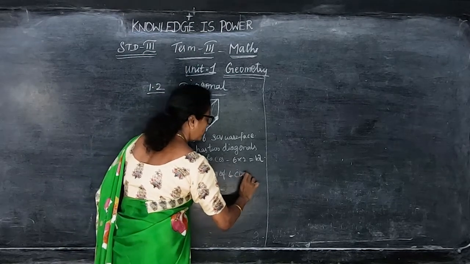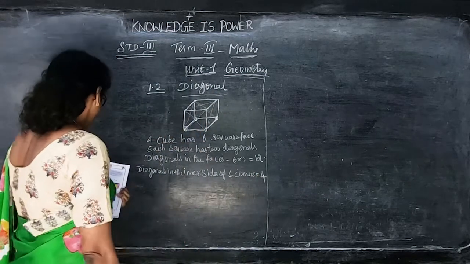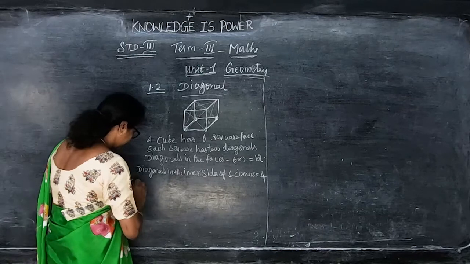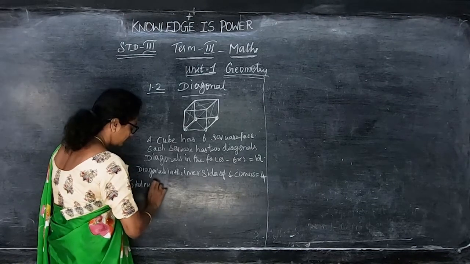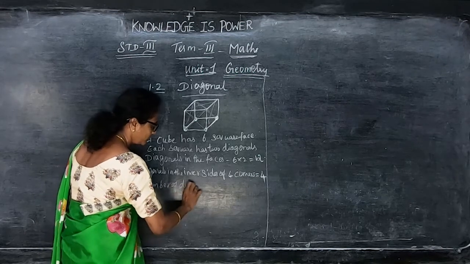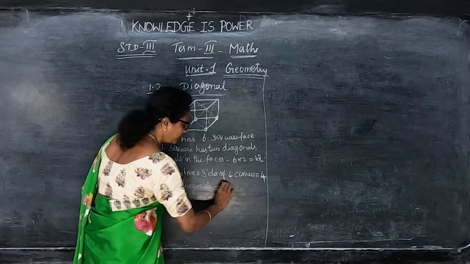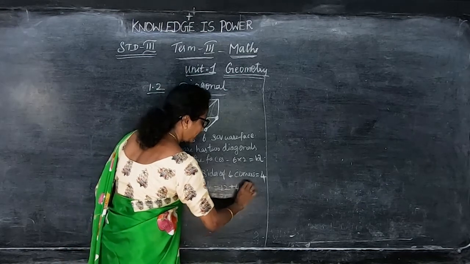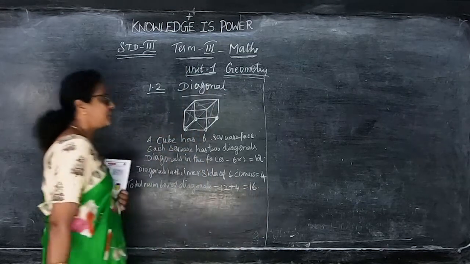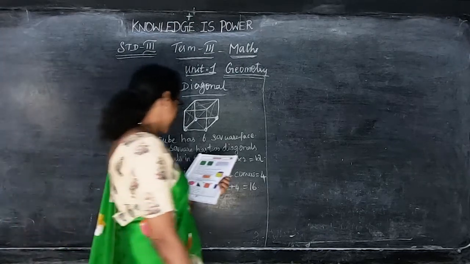So on the 4 corners how many are there? That is equal to 4 only. Okay, so the total number of diagonals we get is 12 plus 4. Total number of diagonals is 12 plus 4 equal to 16 diagonals. So in a square cube we got 16 diagonals.